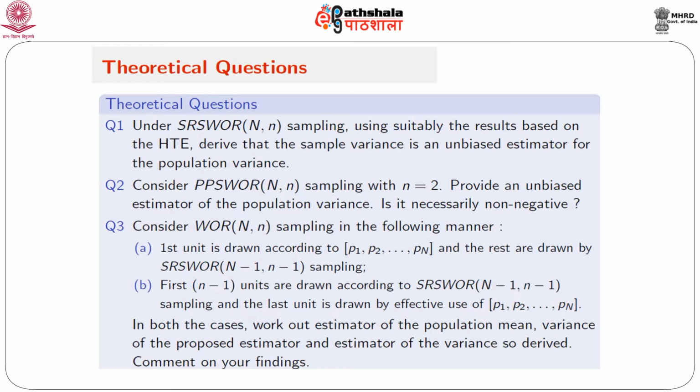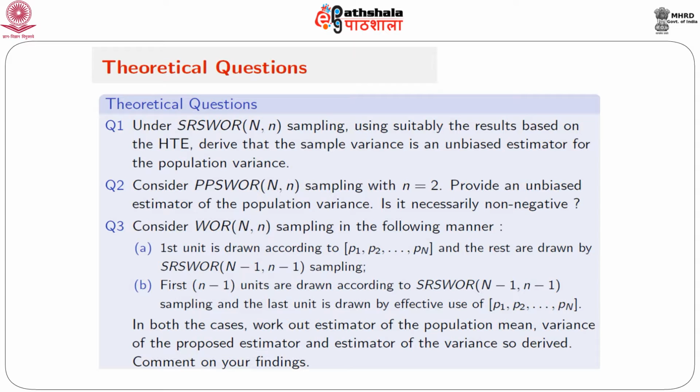The derivation that you are supposed to make is already built in here. It says using the results of the Horvitz-Thompson estimator. So, the Horvitz-Thompson estimator of the population mean has an expression for the variance, and that variance estimator is also there, and all these things are built in.